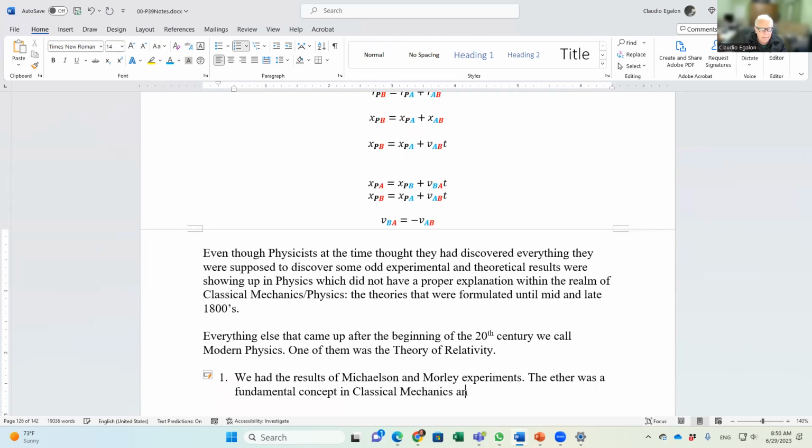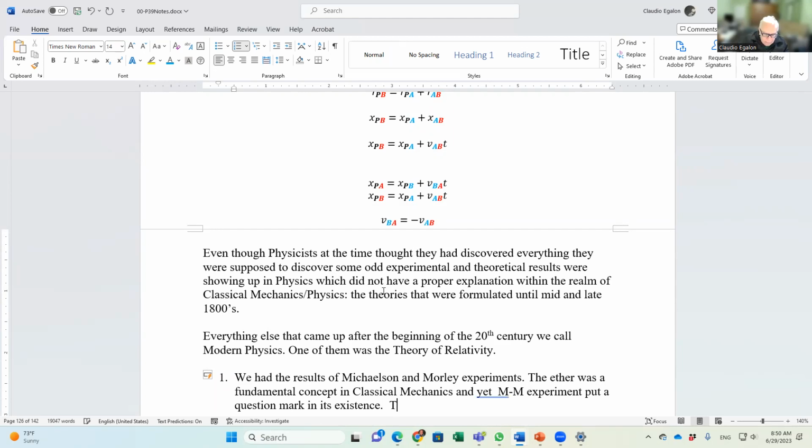And yet, the Michelson and Morley experiment put a question mark on its existence. So that was problematic for physics.